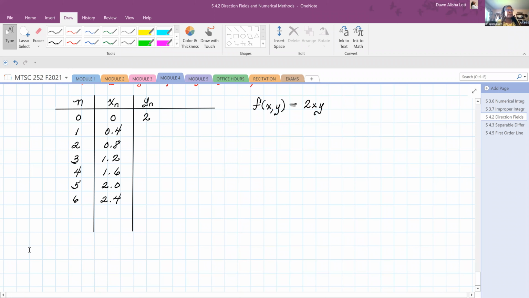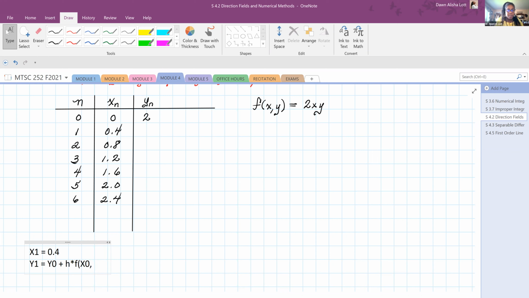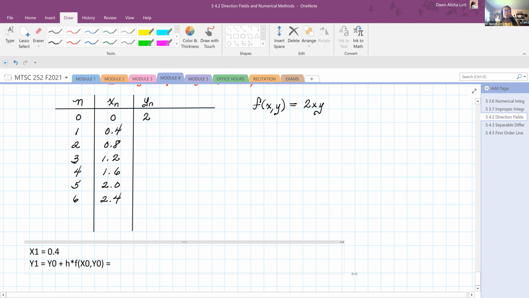x1 is equal to 0.4. Does everybody see that? Here's x1, 0.4. y1 is equal to y0 plus h times f of x0, y0. How do I compute that?